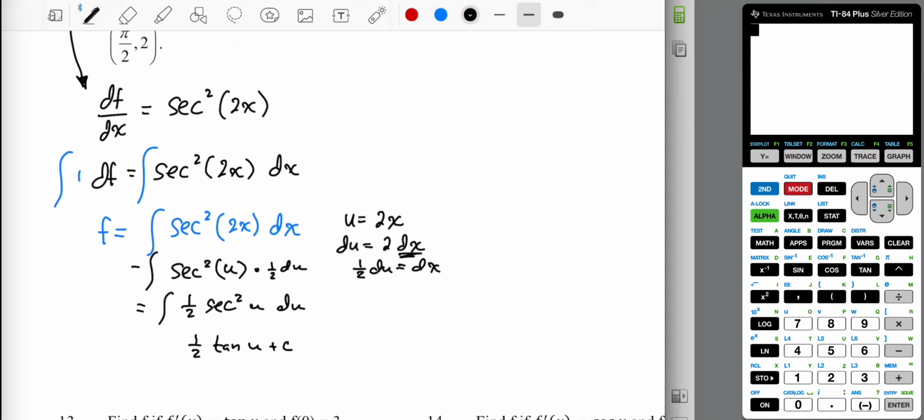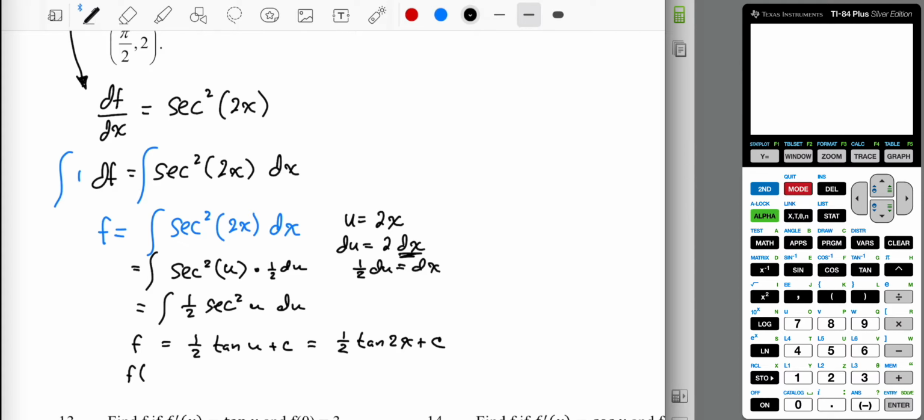All right, but they gave us a condition, and that condition is that when x is pi over 2, f is 2. All right, so x is pi over 2. Well, I got a u, so I got to do a little substitution here. So f of pi over 2 is going to be 1/2 tangent of 2 times pi over 2 plus c.